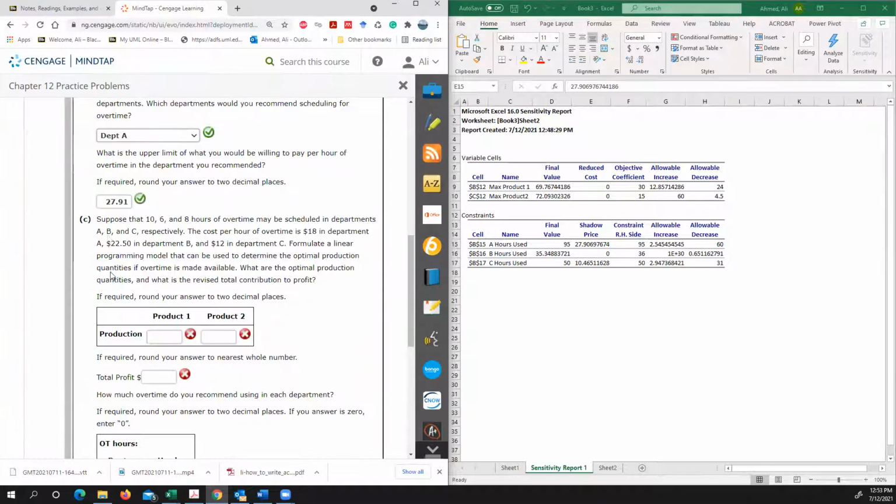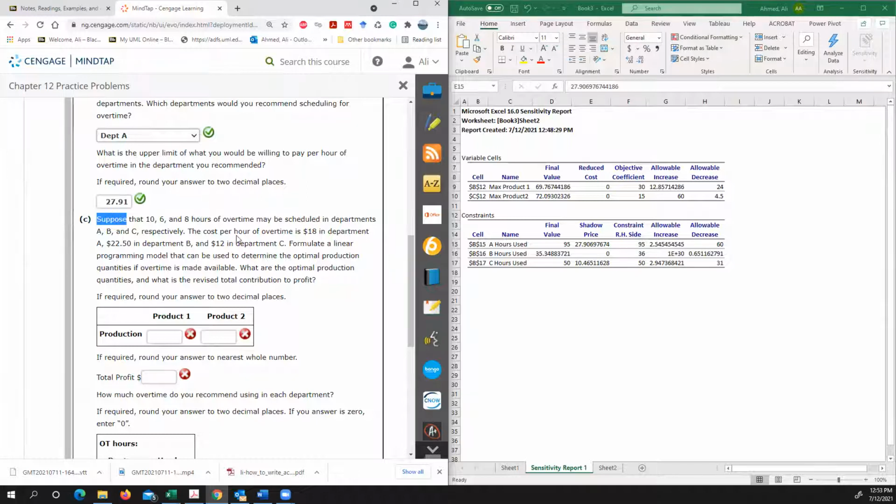Okay, the next part is, now suppose that 10, 6, and 8 hours of overtime may be scheduled in departments A, B, and C. Now we are putting another constraint. It's a type of condition which adds overtime into the 3 departments.